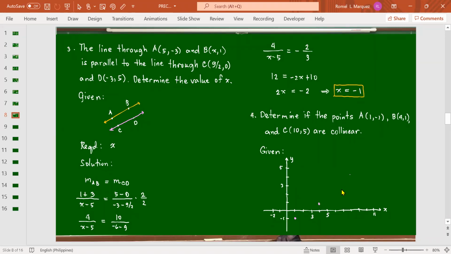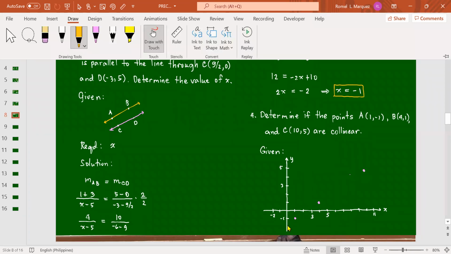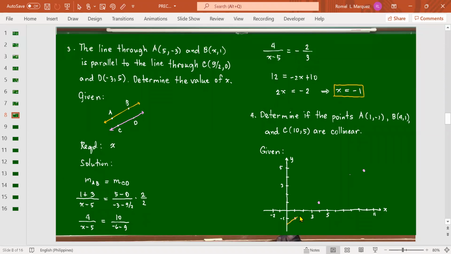And then somewhere here, 10, -5. Am I right? Somewhere here. Yes, sir. Oh, this is just an approximate. So I'm going to pass a line. Let's see if this will really be on a straight line.